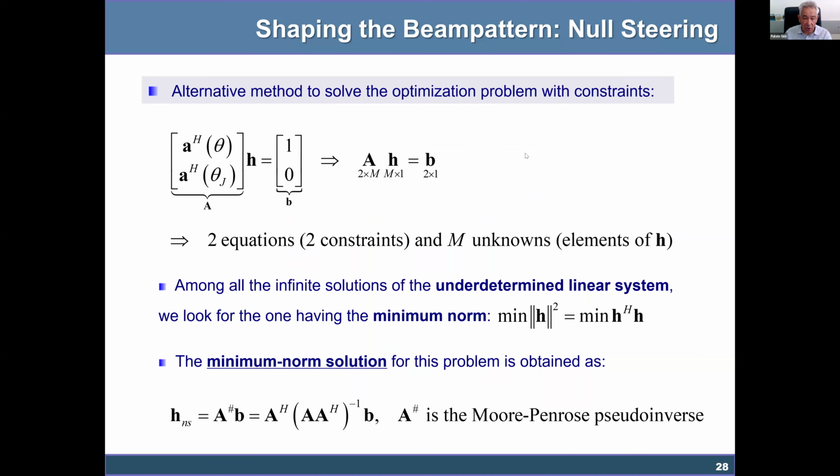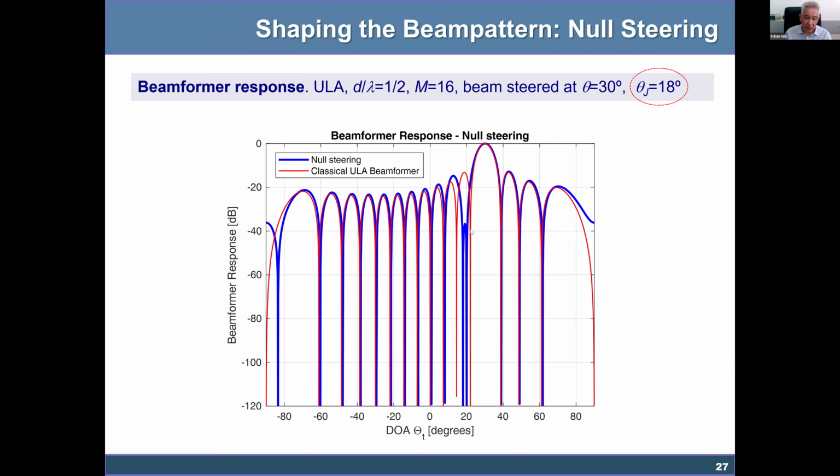So I think we can stop here. And tomorrow I will show you how we can extend the nulling technique, the null steering technique, to the case we have multiple interferences. So far we have seen the case where we have only one interference, but this can be very easily extended to the case where there are multiple interferences.